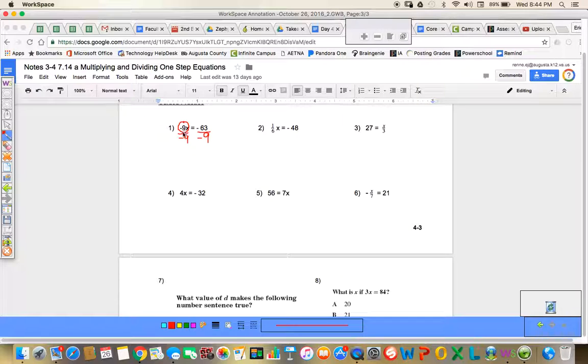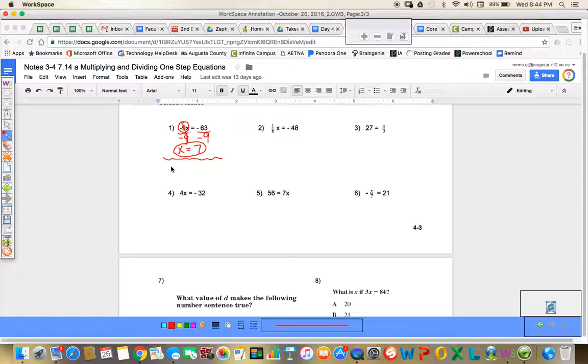Okay, once again, negative 9 divided by negative 9 gives me a 1 in disguise, so I'm just going to write x equals. And negative 63 divided by negative 9 is positive 7, because 2 negatives makes a positive. Now, I'm going to go ahead and show the check underneath here.